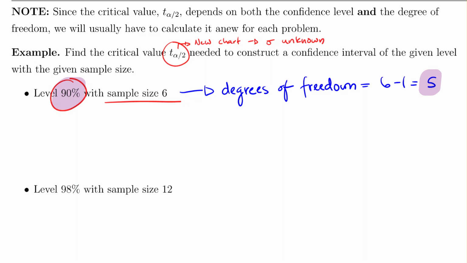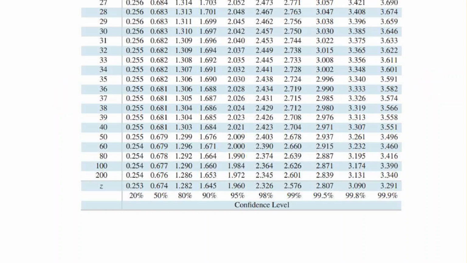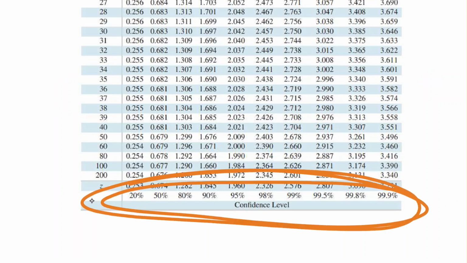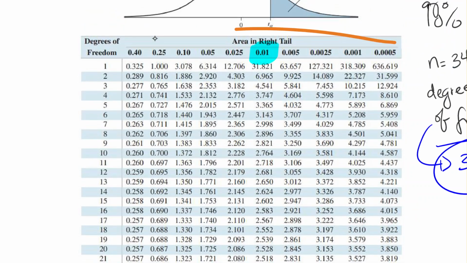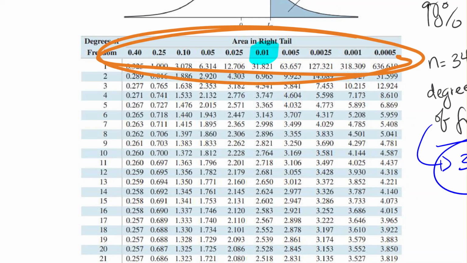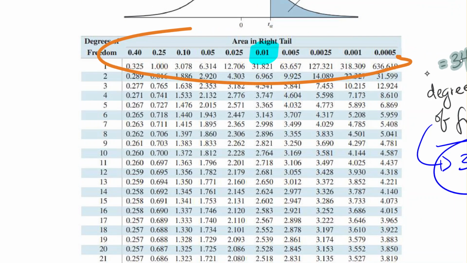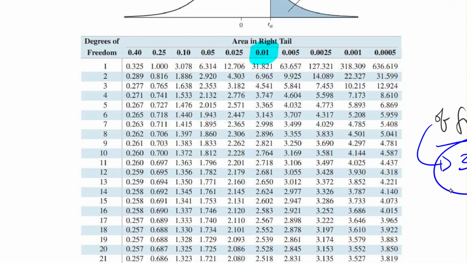Now let's talk about one way you can use the chart. Remember 90%, remember degrees of freedom 5. Do you see here in the bottom part of the chart, we've got the confidence levels listed out? So you can read the chart in one of two ways. You could either, from the top of the chart, look at the area to the right of the tail, but that would involve a small calculation, drawing the chart and then representing it based on how much is in the middle, how much is to the left and right, shared symmetrically.